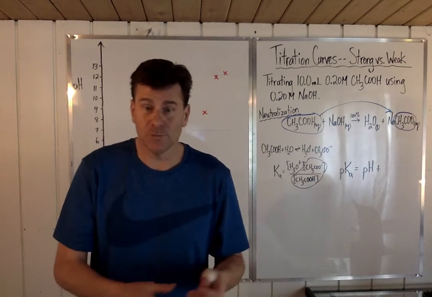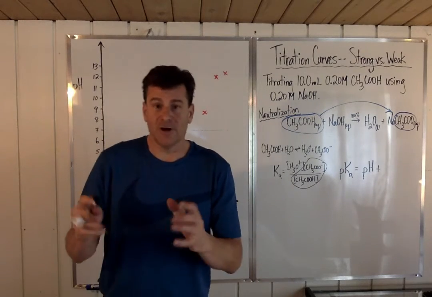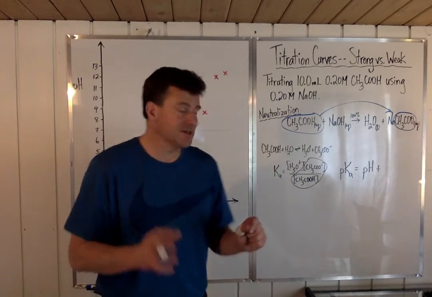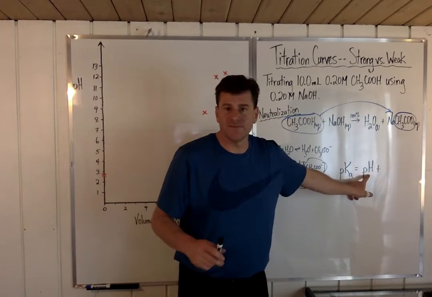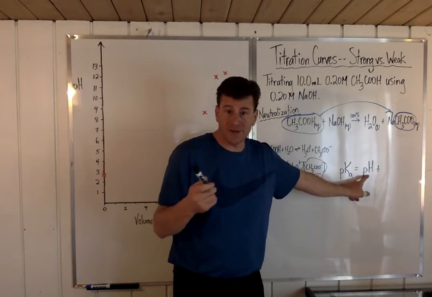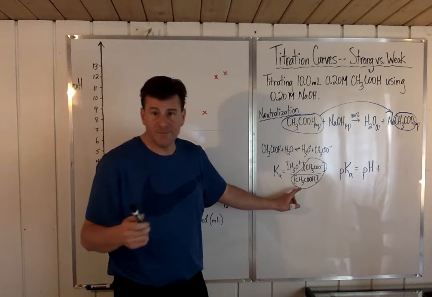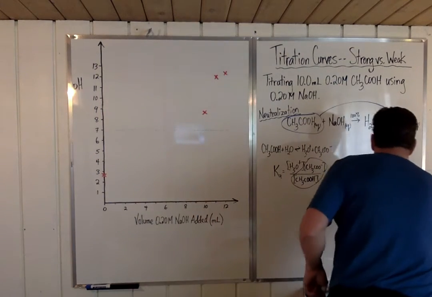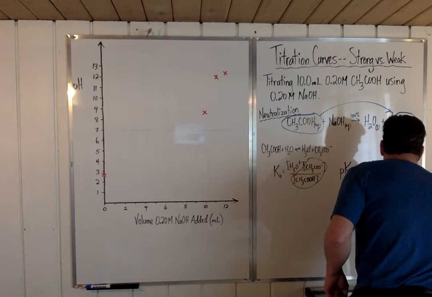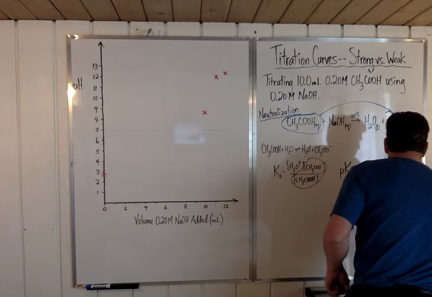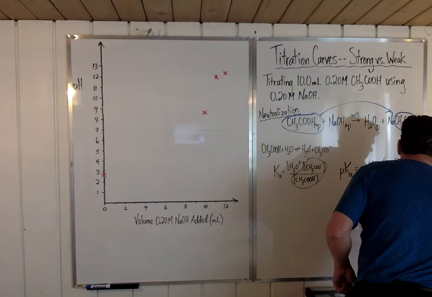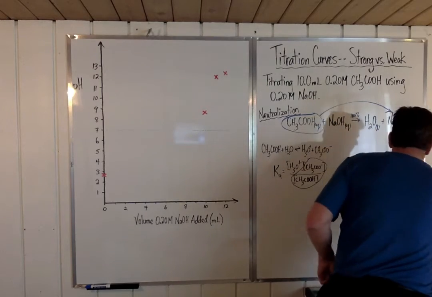If you remember, the log of two things multiplied together is the same as the sum of the individual logs. So there's the negative log of the hydronium, plus the negative log of that.